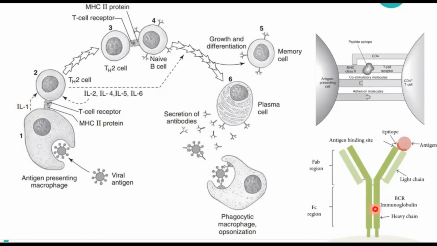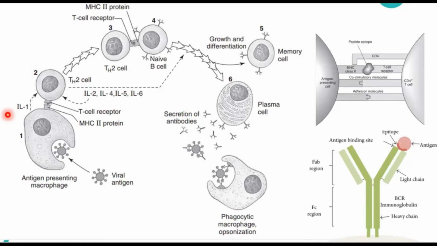Here we go back to the epitope that I mentioned earlier. You can see that the antigen attaches to the epitope of the said antigen. Once it attaches, they recognize what is needed, so they also release IL-1. This IL-1, or interleukin, is secreted once the antigen attaches to the epitope.